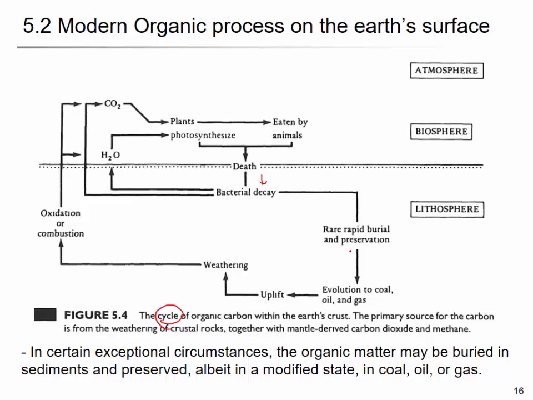Right? So this organic carbon can be preserved, and this will transform to the coal, oil, and gas. Right? And they uplift and weathering. And when they are exposed to the subsurface and to some certain environment, they can be oxidized to the carbon dioxide. And then you have a cycle of the organic carbon like this. Again, this will be oxidized to the carbon dioxide again. And then photosynthesis.